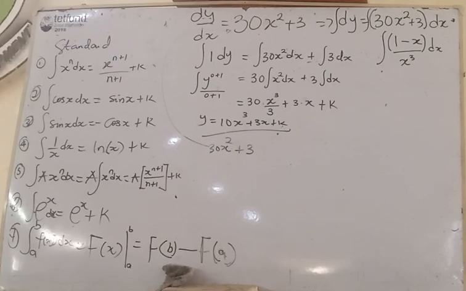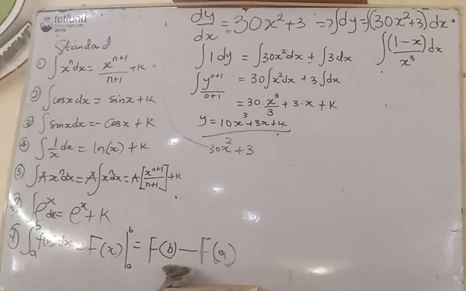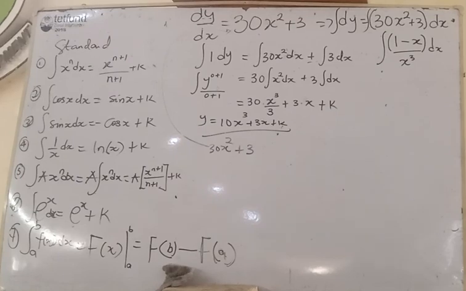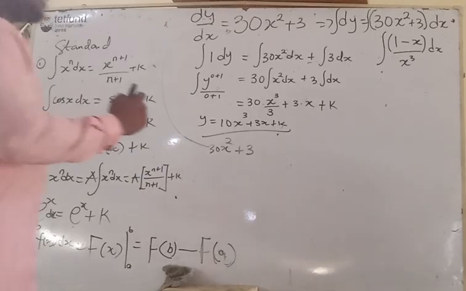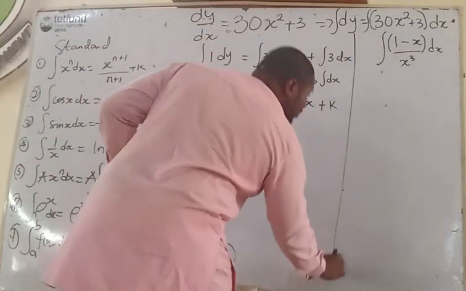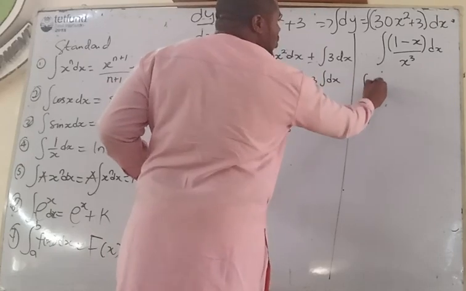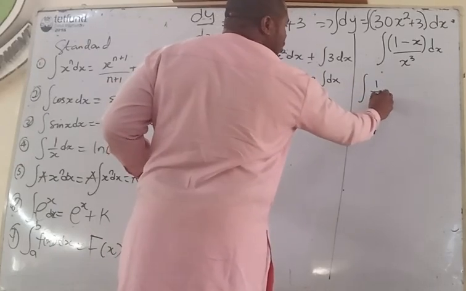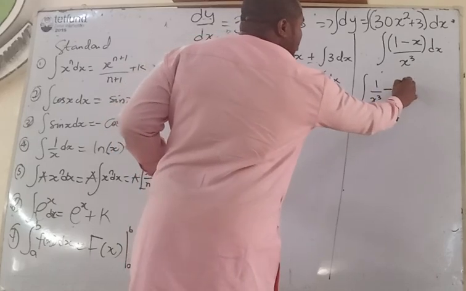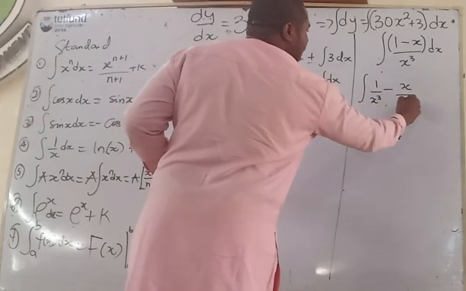Now let me give you the simple step you use to integrate this. You have a common denominator over here. I can decide to split this into 1 all over x cubed minus x all over x cubed.